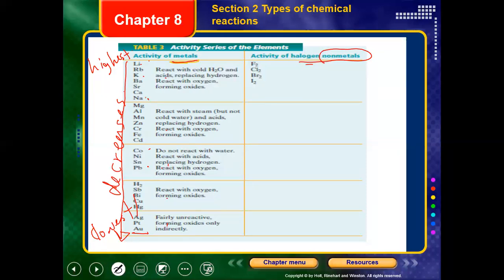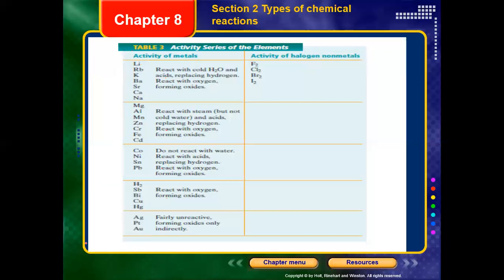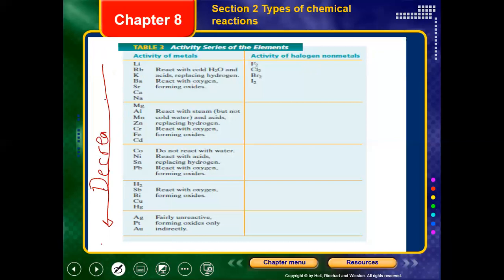This is point one about the reactivity series. So again, you go from the first row till the end, and the reactivity of the element decreases.